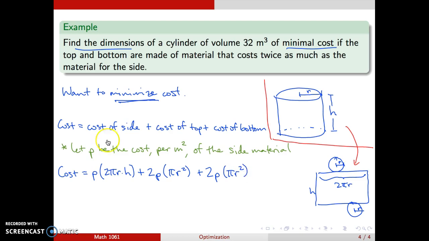So these are all matching up with what we've got up there. So that's P times 2 pi RH plus, grouping things together, 4 pi R squared.